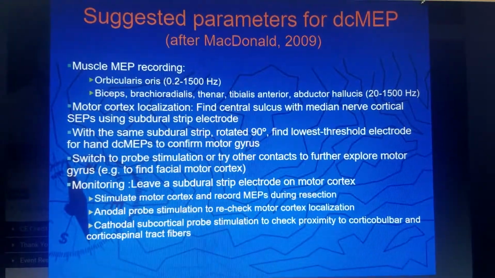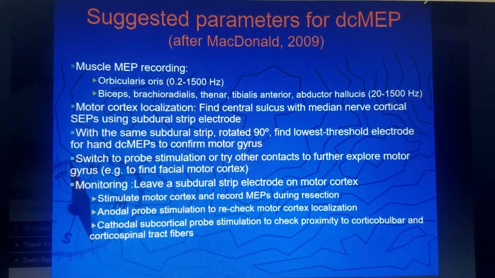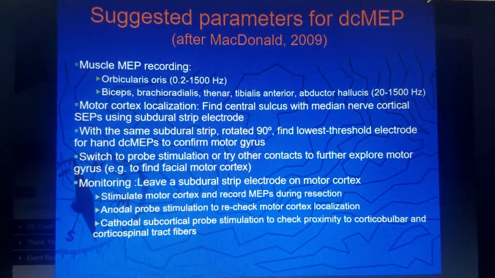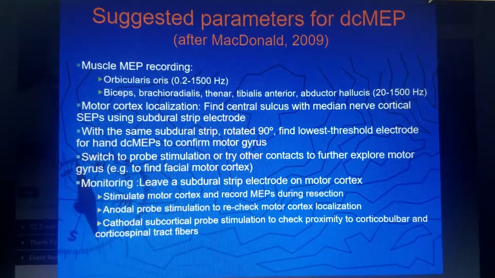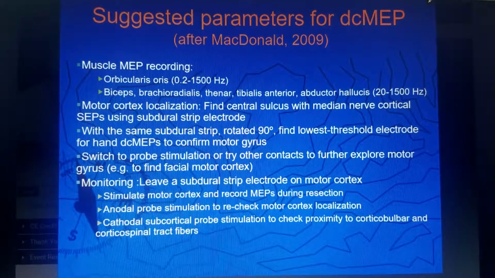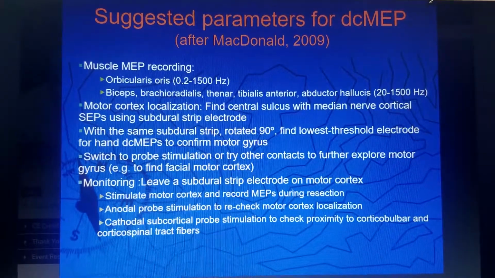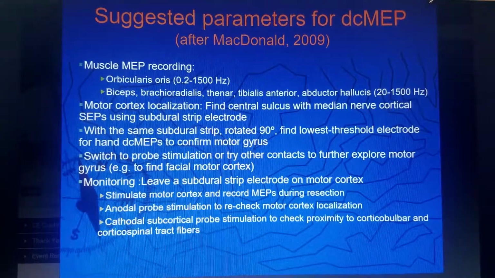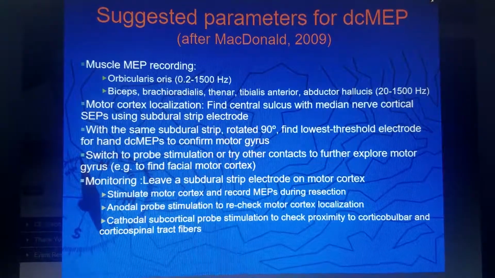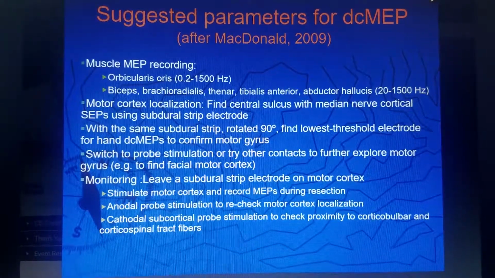And then you record from a whole set of muscles on the contralateral side. We already talked about locating the motor cortex by locating the central sulcus, rotate that 90 degrees, and find the motor gyrus, motor cortex, and put the electrode so it's over the motor cortex.